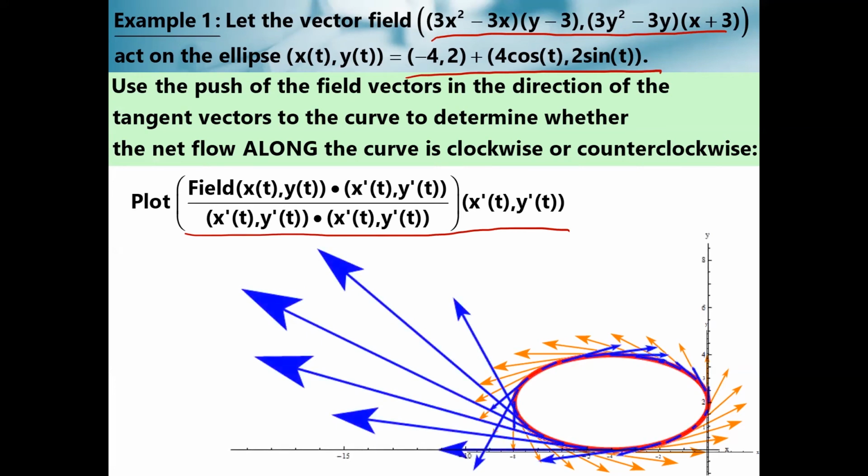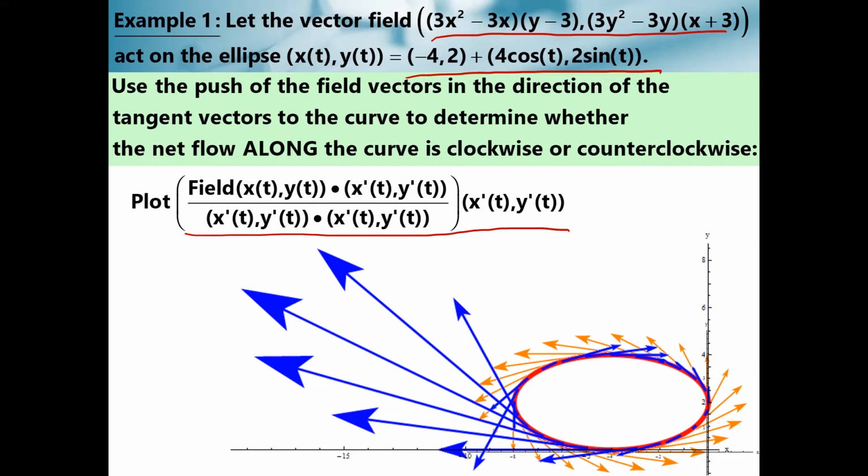What we're doing here is we're limiting our field vectors to merely how they're affecting us in our direction of motion, tangent to our trajectory. So basically, we're just looking at, are these gusts of wind, or are these ocean currents, speeding us up, or are they slowing us down? Is the wind more at our back, or is the wind more in our face?